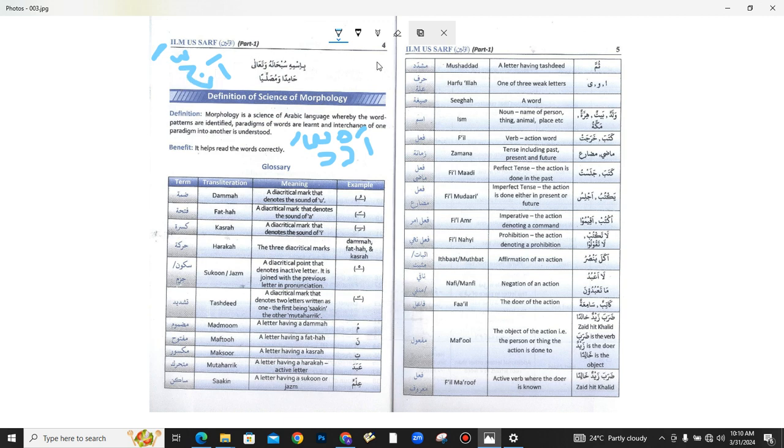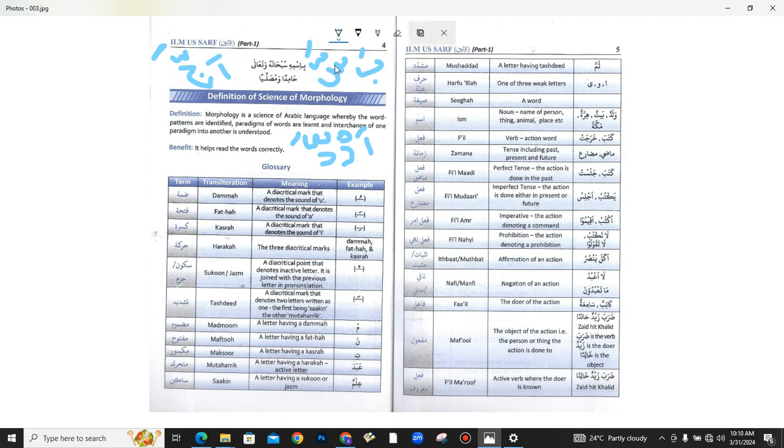And if I write ba, and after that, what should I write here? If I write seen, s like sound, with tashdid along with fatha, and here is fatha too, it would become bassa.